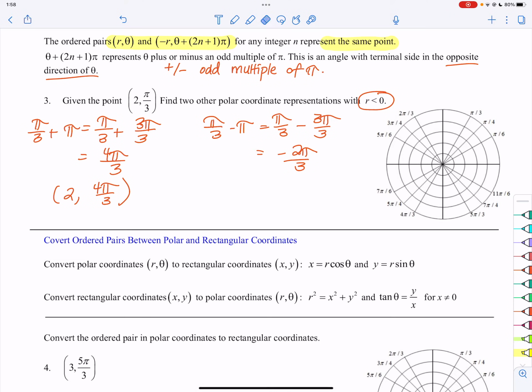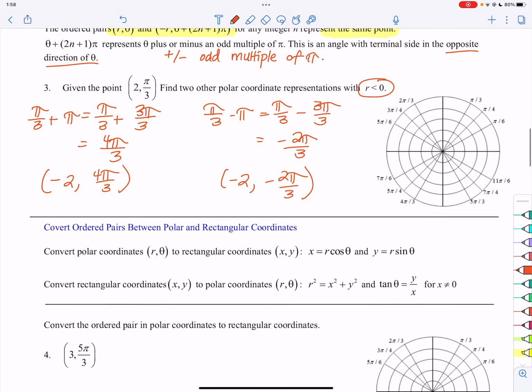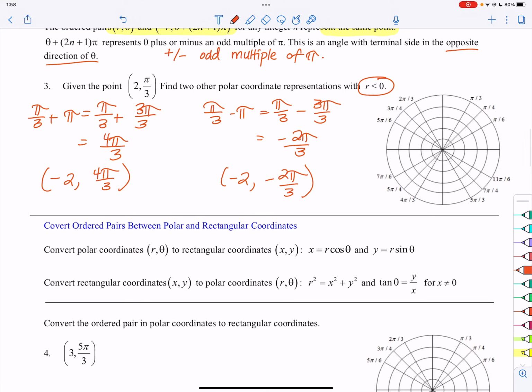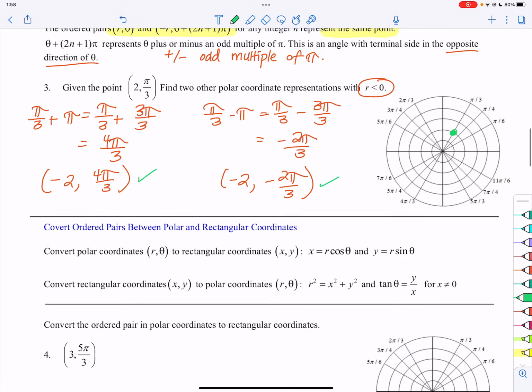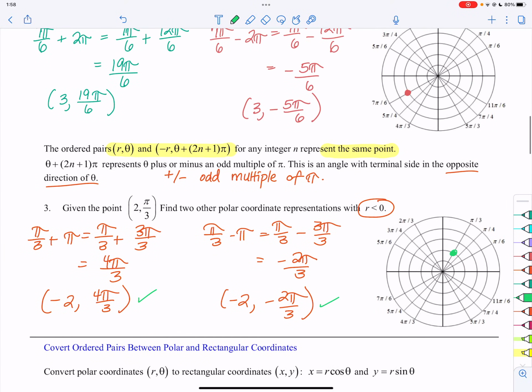Oops, and that should be a negative. So here, r is negative, and as you can see, this point will be right here. And so both of these represent that same point.